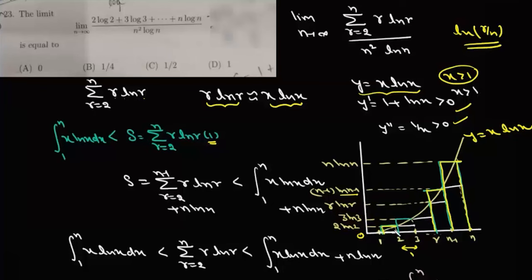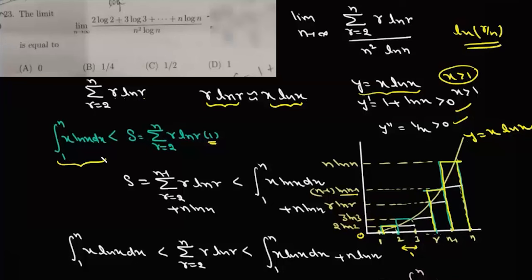So basically this sum will have an area which is greater than the area of this function from 1 to n.